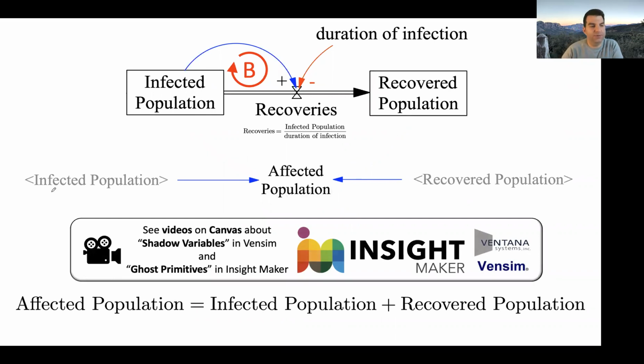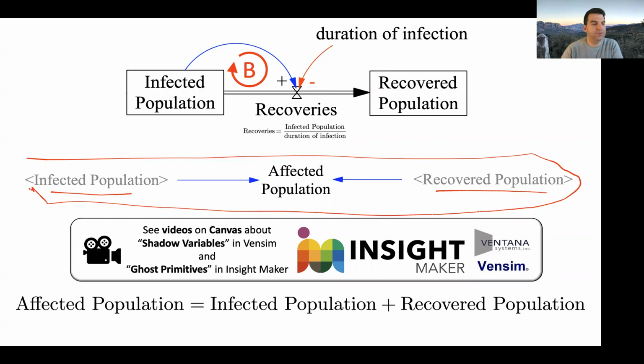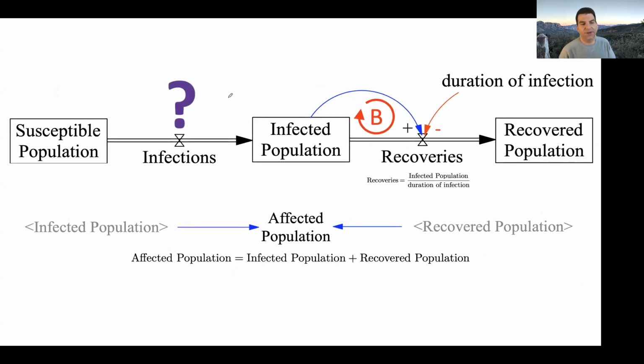You could create a shadow variable for infected population, called ghost primitives in Insight Maker, and a shadow variable for recovered population. These are just copies of whatever is inside the variables up here. That allows me to put the affected population off on the side where it doesn't muck up the core diagram, and I can still plot it. It'll give me that sum later, but it doesn't confuse the system dynamics that are going on.